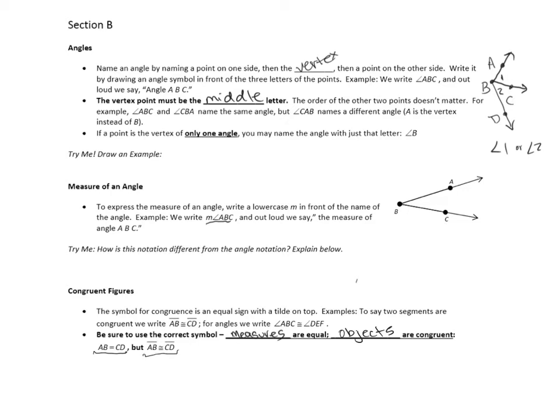But segment AB is congruent to segment CD shows that the physical objects themselves are congruent. We could do the same thing with angles. The measure of angle A equals the measure of angle B, but angle A would be congruent to angle B.